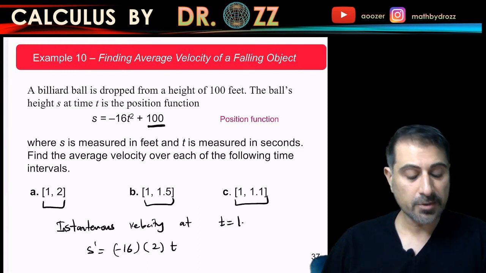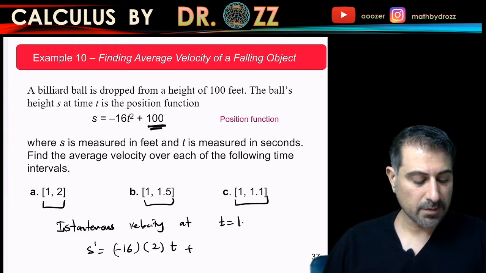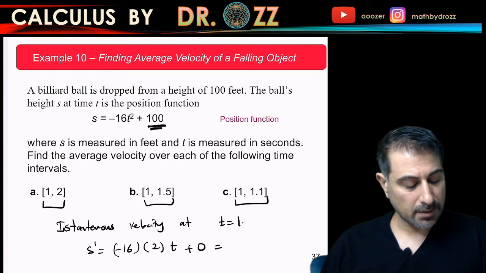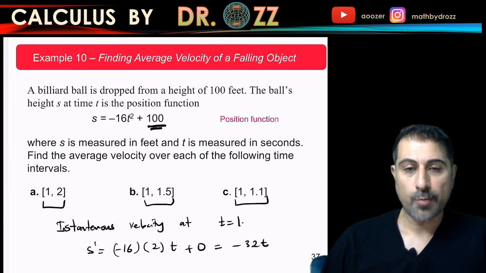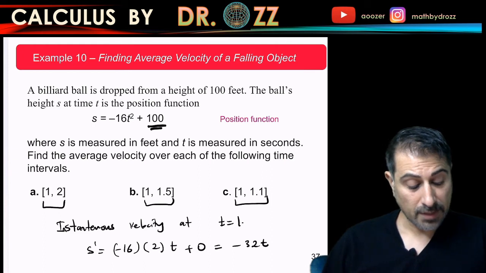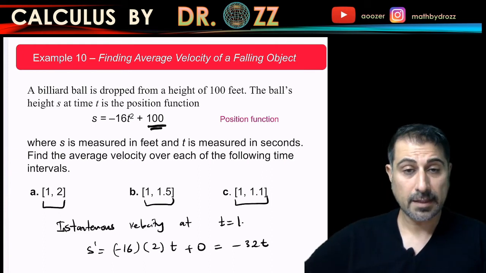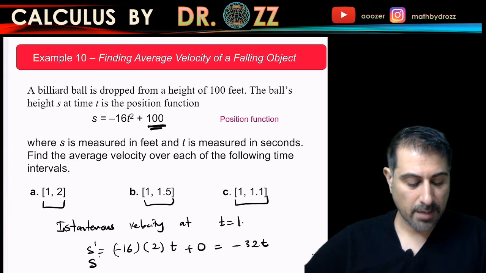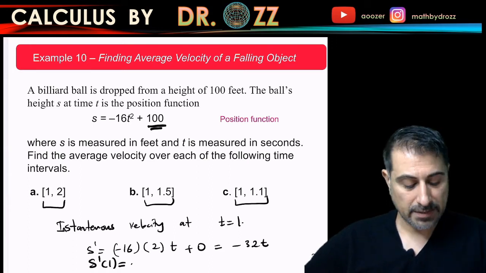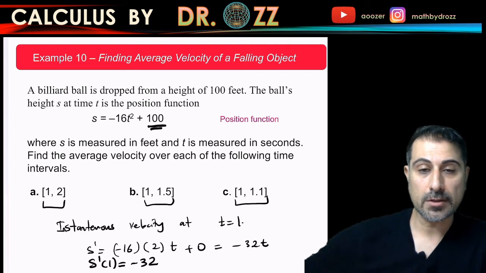The constant function has derivative 0. So s prime, the function for velocity, is equal to negative 32 times t. To find the instantaneous velocity at t equals 1, I look at s prime of 1, which is equal to negative 32.